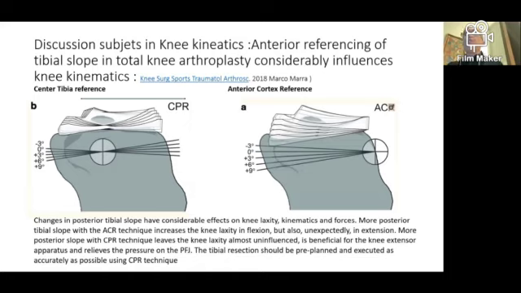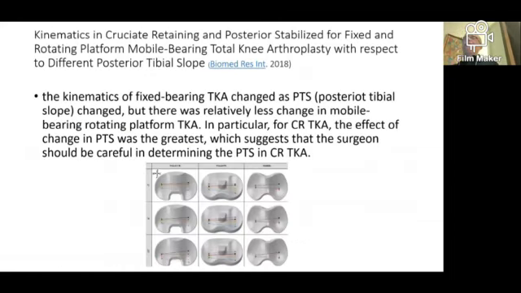More posterior slope with the center of the tibia technique leaves the knee laxity almost uninfluenced, is beneficial for the knee extensor apparatus and relieves the pressure of the patellofemoral joint. The tibia resection should be pre-planned and executed as accurately as possible in this type of cut. And what is very important in total knee arthroplasty, when you plan the tibial slope, you have to template on your x-rays the tibial slope that you have and what you expect from your tibial slope cutting.